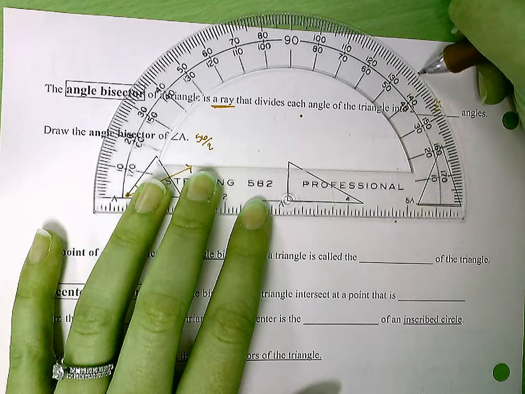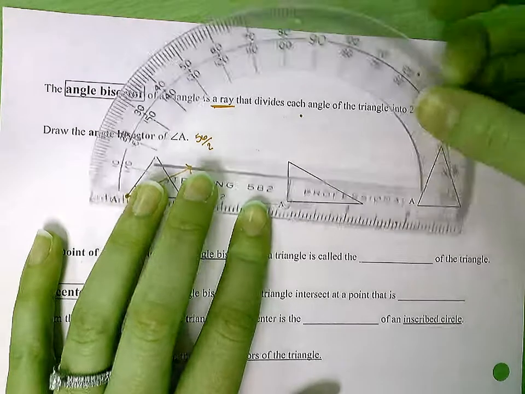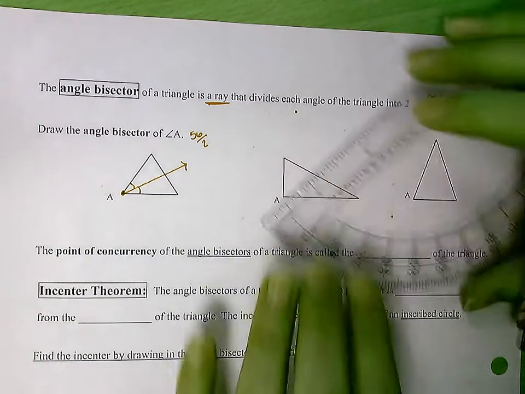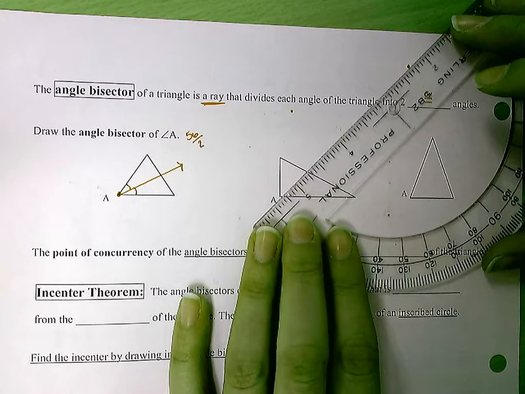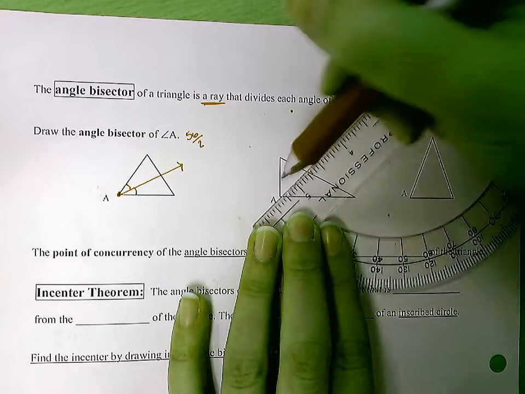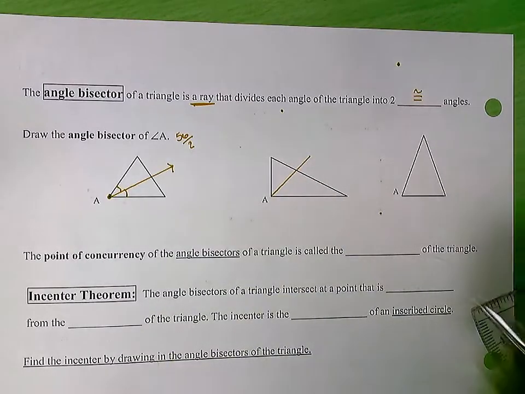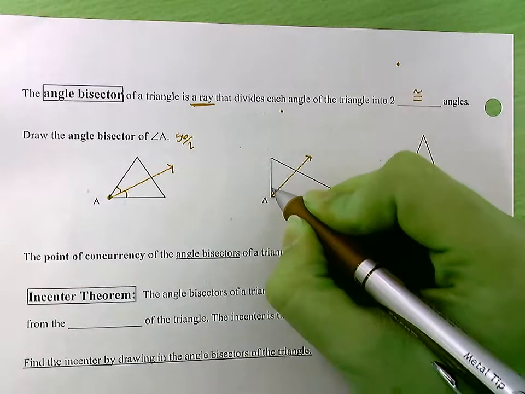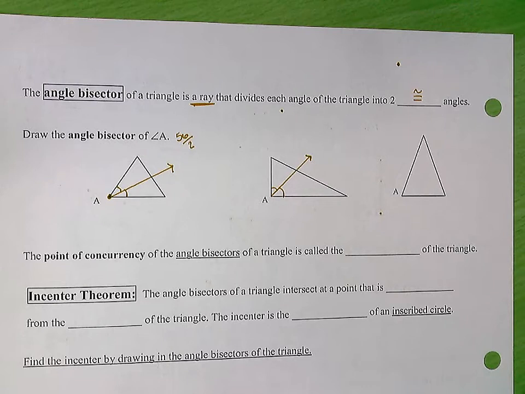So I'm going to place a dot right above that 45 marker. Okay, then I want to place my straight edge on my vertex to that dot I made. And again, all I have to do is cross over that opposite side. And then I can mark those two angles congruent. Again, your angle bisector doesn't need to bisect the side, just the angle.